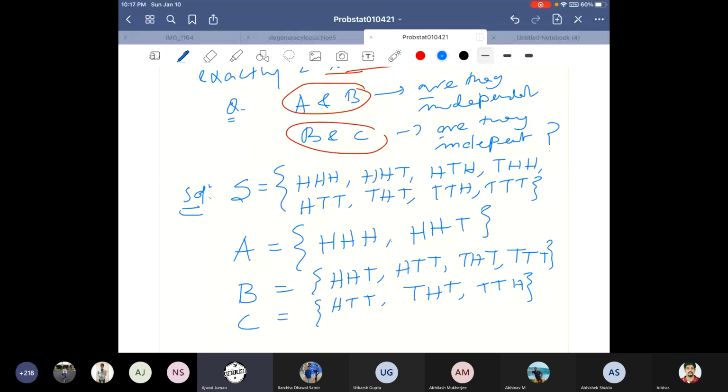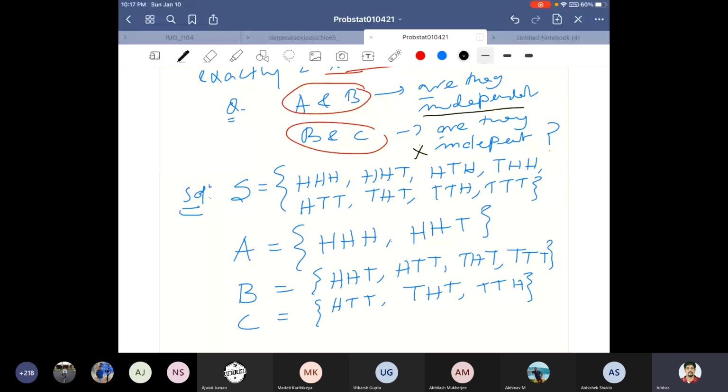In the first case they are independent, and in the second case they are dependent. You can check using the definition.